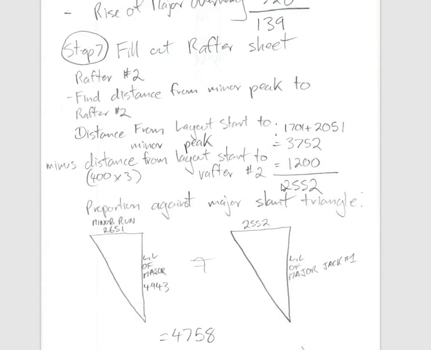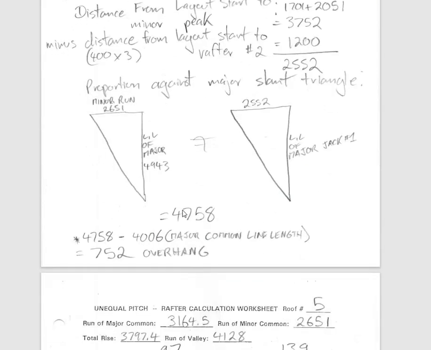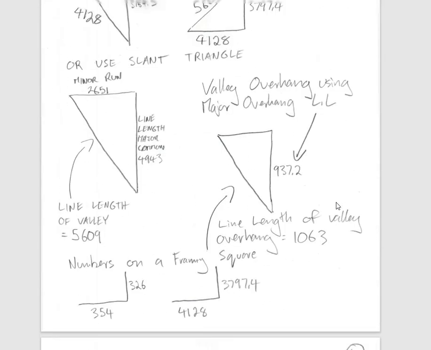Once we get that horizontal distance, we're going to proportion that horizontal distance off against our major slant triangle, and that'll give us the line length of this rafter. And we get 4758. To figure out the overhang, we're going to take that 4758 and subtract the major common line length to the building edge, which you saw me do right at the beginning.